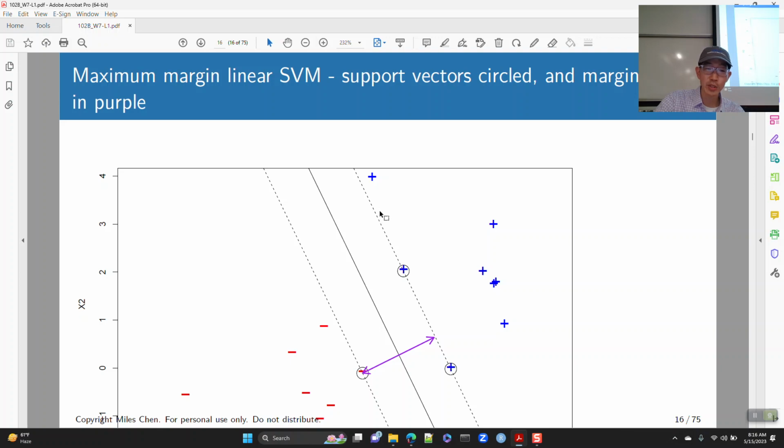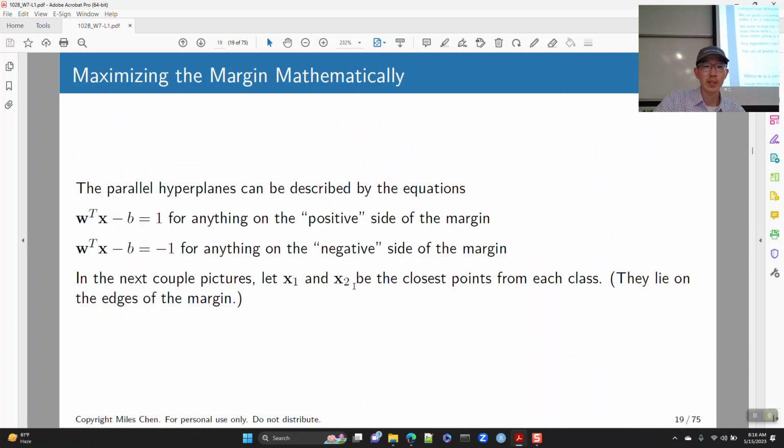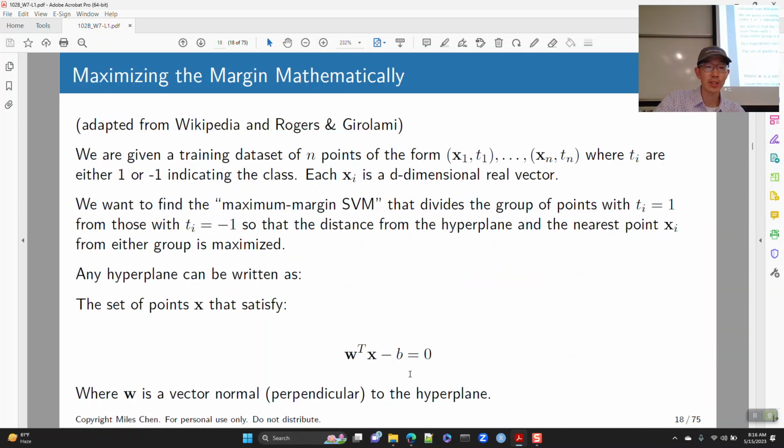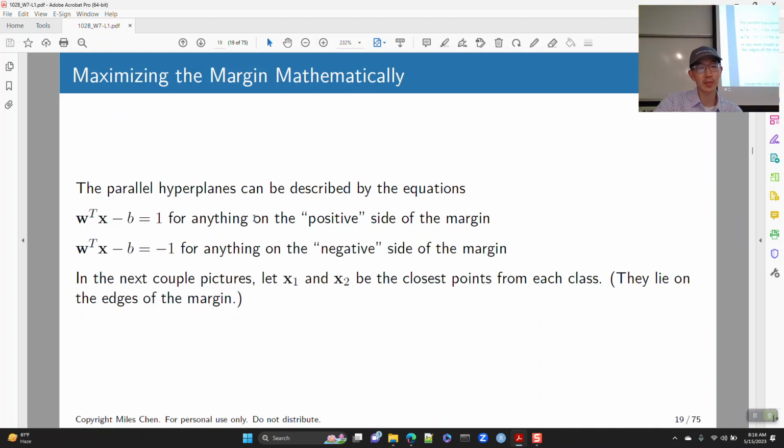This one we're going to define as w transpose x minus b equal to positive 1, and this is w transpose x minus b equal to negative 1. So these are just hyperplanes that are parallel to our solution. This is on the positive side of the margin, and this is on the negative side of the margin.